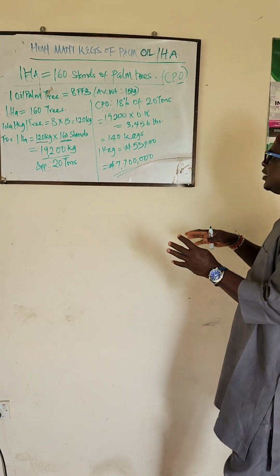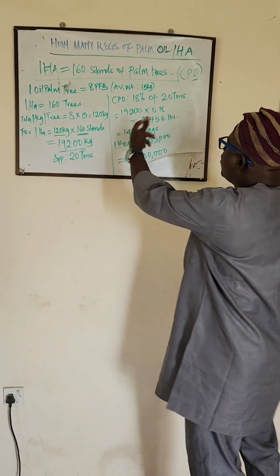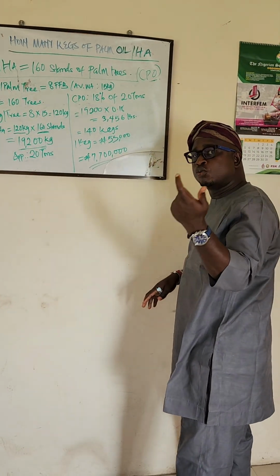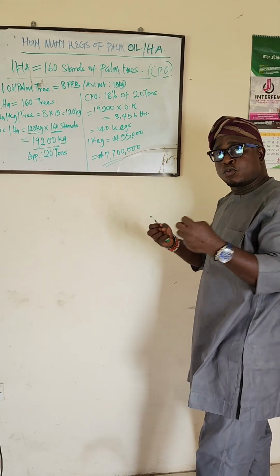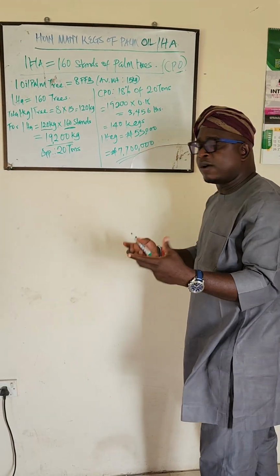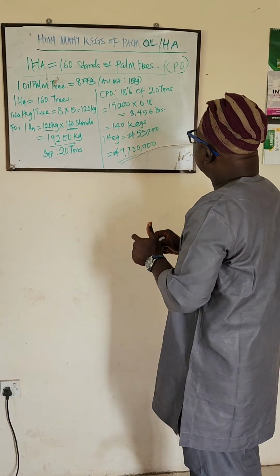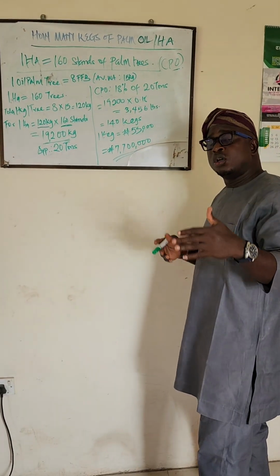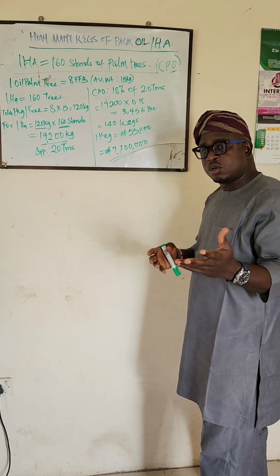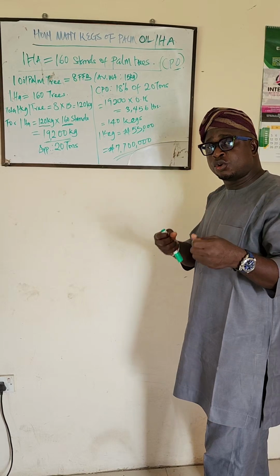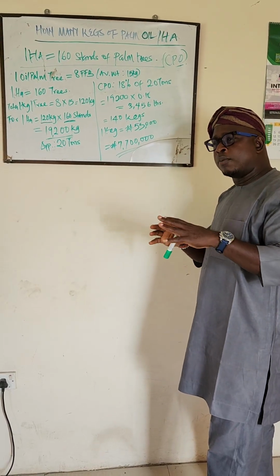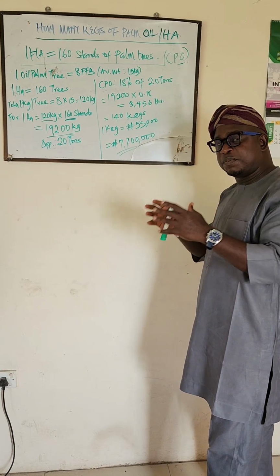If you want to process this to make CPO, the crude palm oil, which is the palm oil that we eat and sell, the method of extraction you use will also determine your CPO yield.